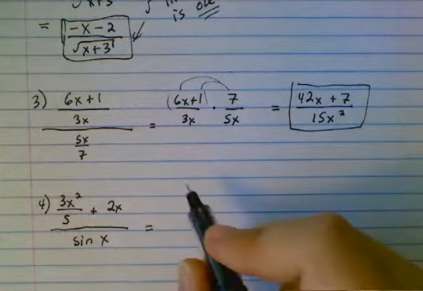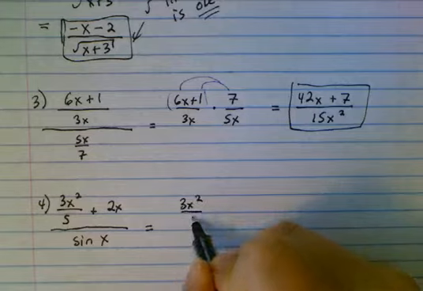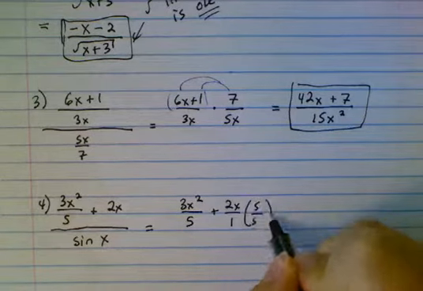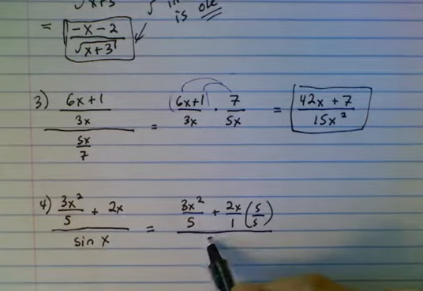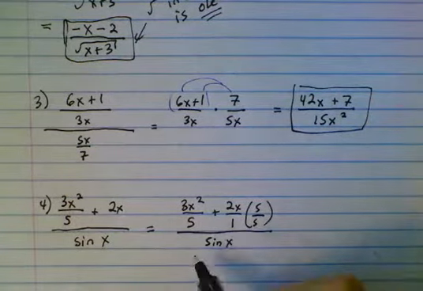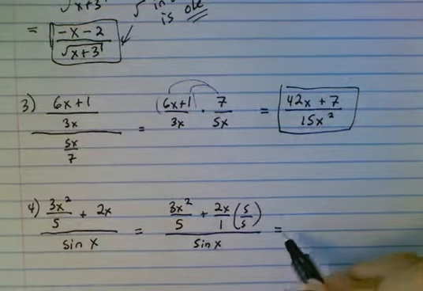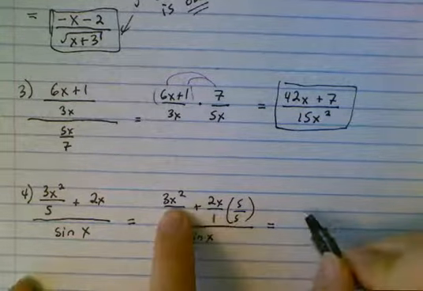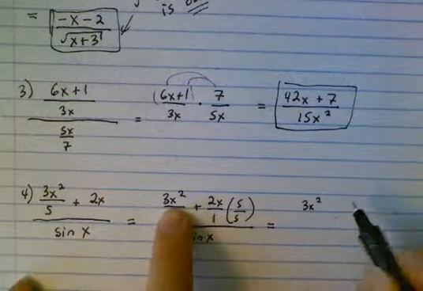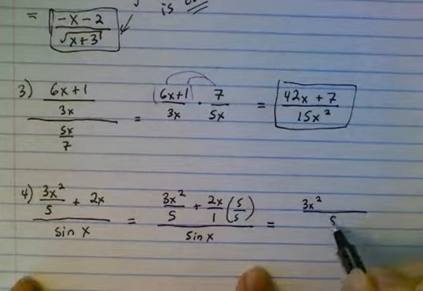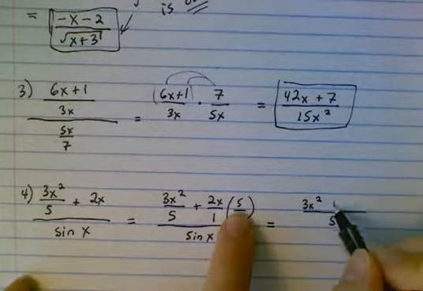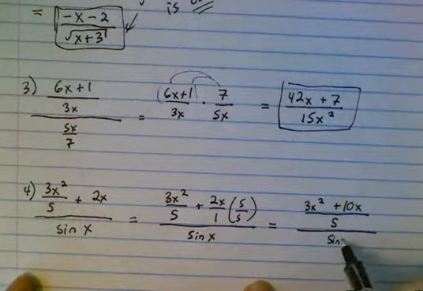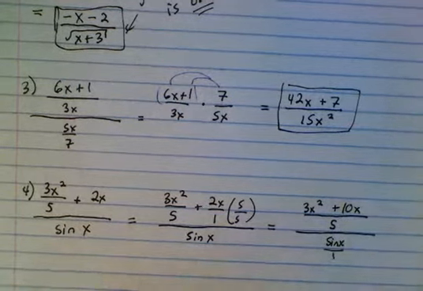Our common denominator is going to be 5. Don't forget to carry the other part down here. You don't want to lose part of it. So we've got 3x squared, common denominator is going to be 5, 2x times 5 is 10x. All of this is over sine x.